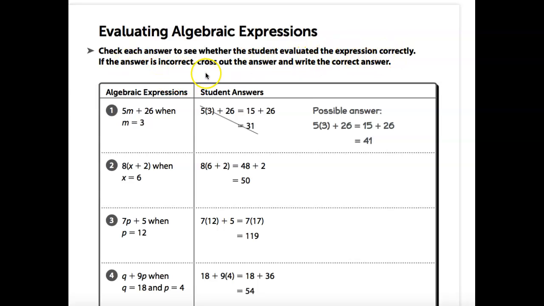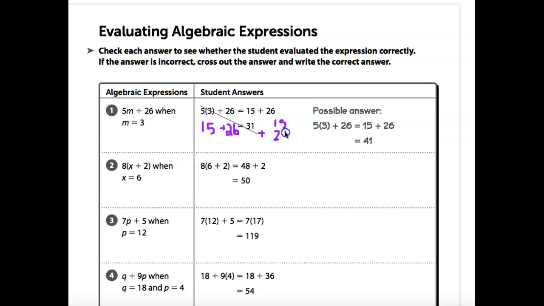If the answer is incorrect, cross out the answer and write the correct answer. All right, so we've got 5 times 3 is 15, plus 26. If you have scrap paper, all you have to do is add these together. 15 plus 26.